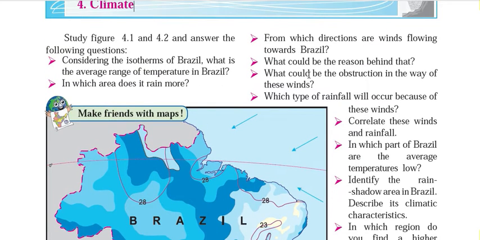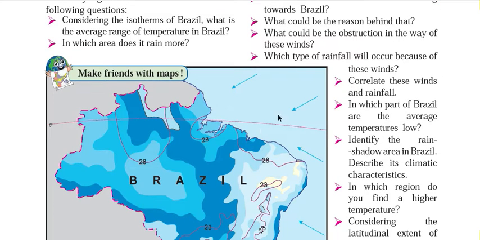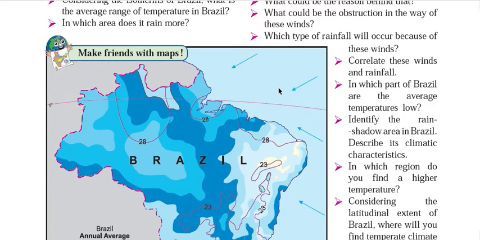Next question: what could be the reason behind that? We have already studied how wind generation takes place. Winds usually flow from high pressure region to low pressure region, and as we know the equator passes through the northern part of Brazil, so during daytime a low pressure belt is created here because of very high temperature.